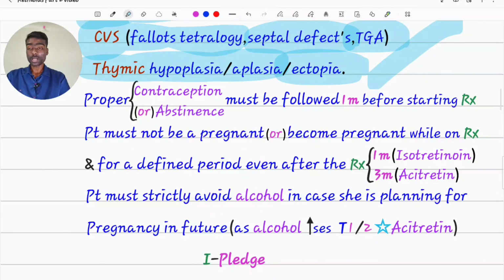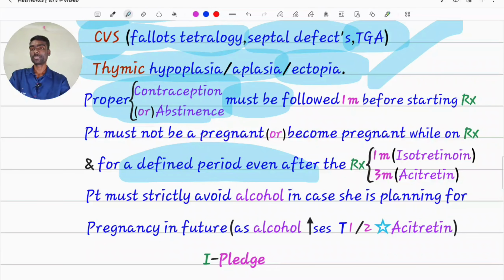So, because of this teratogenicity, proper contraception or complete abstinence must be followed at least 1 month prior to treatment, during treatment, and after treatment also for a defined period, like 1 month for isotretinoin, 3 months for acitretin.